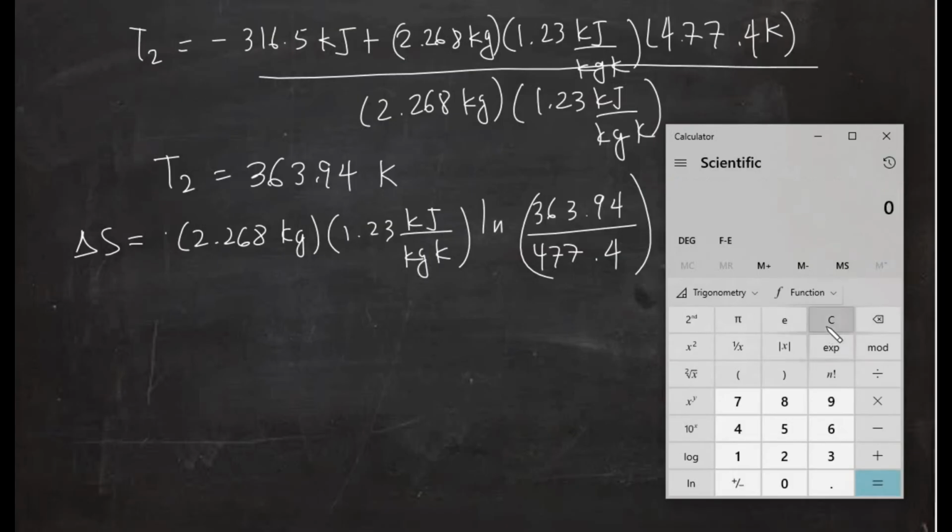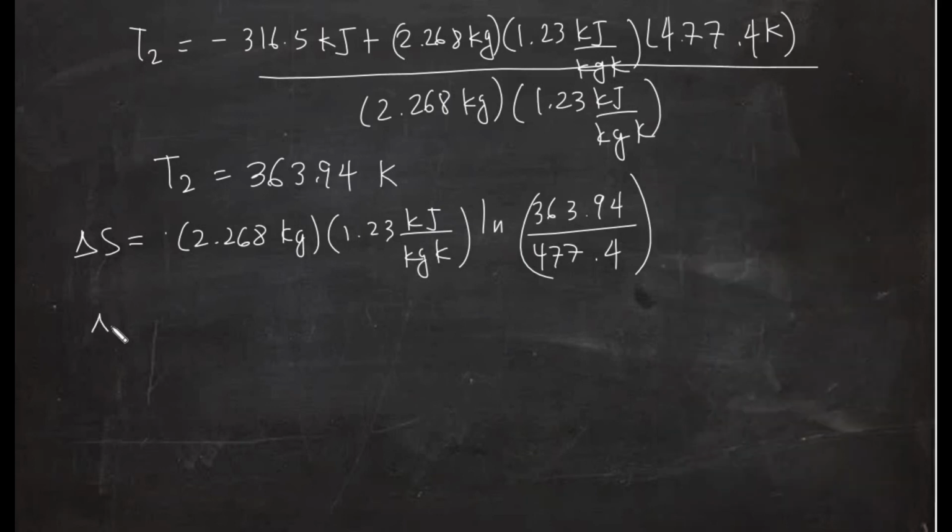I made a mistake in the calculation, so let's redo it. We have 363.94 divided by 477.4, and let's get the natural logarithm of that, and let's multiply it by 1.23 times 2.268. So the answer is negative 0.757. The unit is kilojoule per Kelvin.